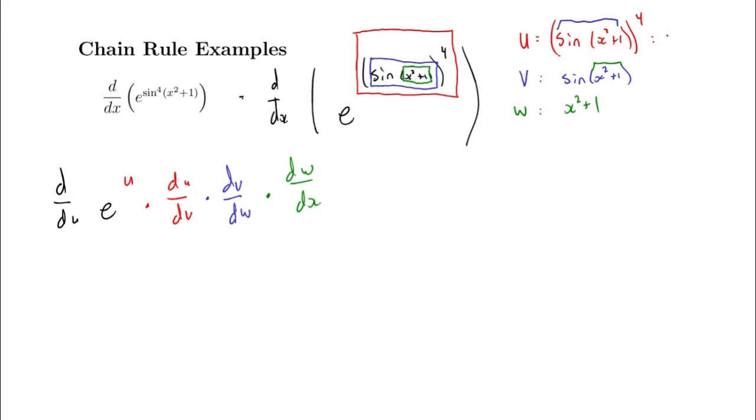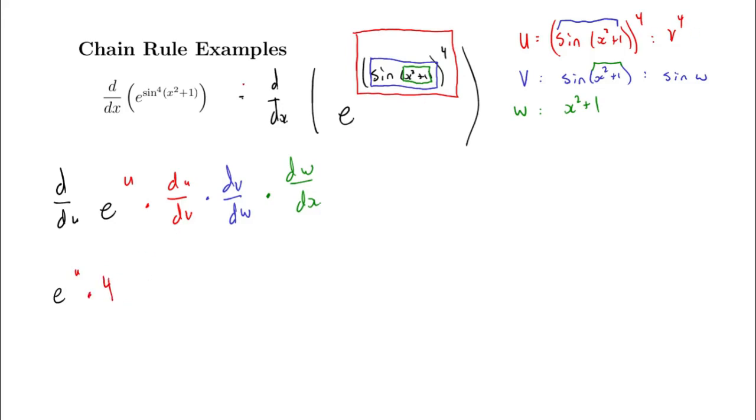Okay, so let's rewrite these. This is really v to the 4th. v is really sine of w, and w is x squared plus 1. We should be able to differentiate all of these pretty easily. The derivative of e to the u with regard to u, that's no big deal, right? All that is e to the u again. So let me keep my colors straight. I've got e to the u. Then I'm going to multiply this by the derivative of v to the 4th.